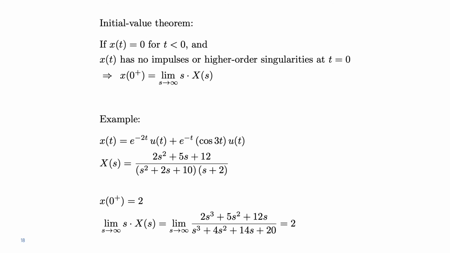Notice that going to 0 from the right is very important, because the function u of t is 1 from the right, but it will be 0 from the left because it's discontinuous. So we know that the initial value is 2.